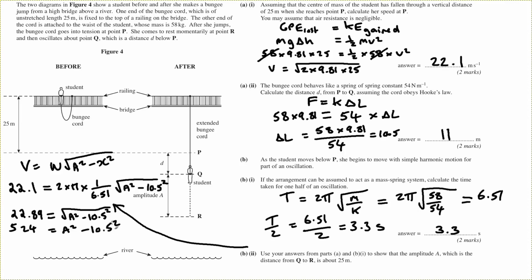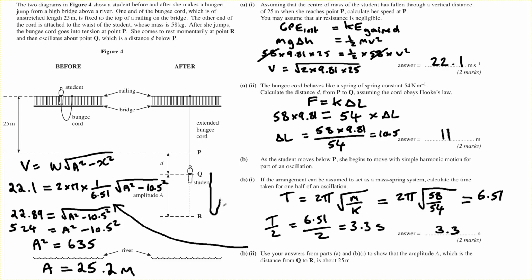So we can times through by 6.51, divide by 2 pi, square both sides. We come out with 524 equals A squared minus 10.5 squared. So then A squared is going to be 525 plus 10.5 squared, and A is the square root of that. So there we go, we'll work that out. And we come to 25.2 meters.